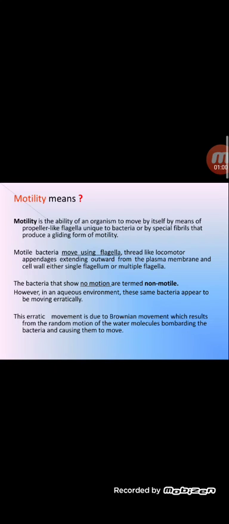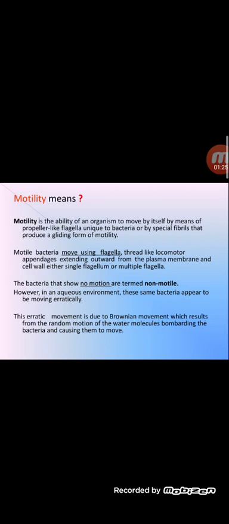However, sometimes in aqueous solutions or in water, non-motile bacteria show some erratic movement. This erratic movement is due to Brownian movement, which is a result of the random movement of water molecules.